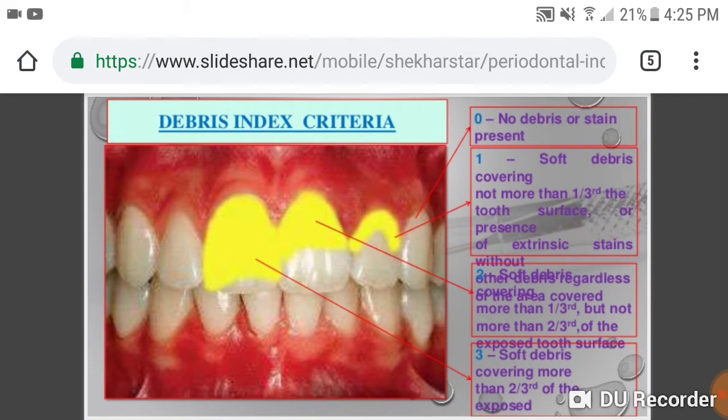For the 3, we have soft debris covering more than 1/3 but not more than 2/3 of the exposed tooth surface. The other one, which is the other lateral, the other central, soft debris covering more than 2/3 of the exposed teeth.